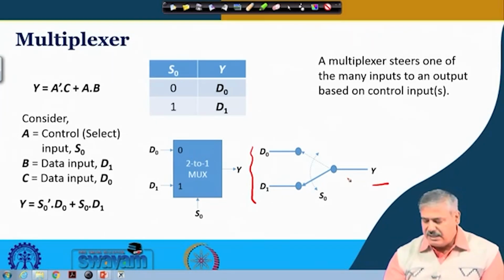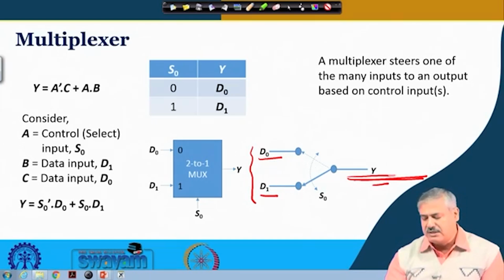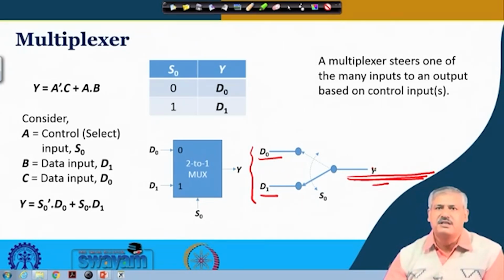So this is the transmission line, say, and these inputs are not required to transmit at every point of time. At certain points of time D0 wants to transmit, at some other point of time D1 wants to transmit. So there is no need of putting a dedicated channel for each of D0 and D1, because this channel is very long and the cost would increase.